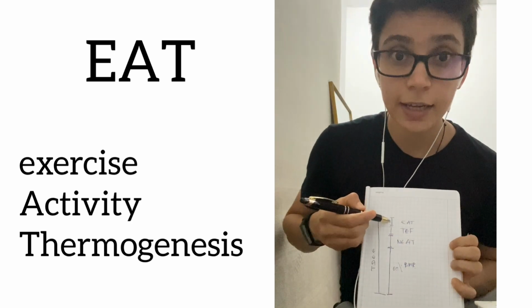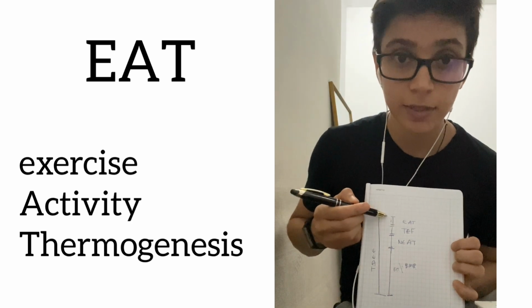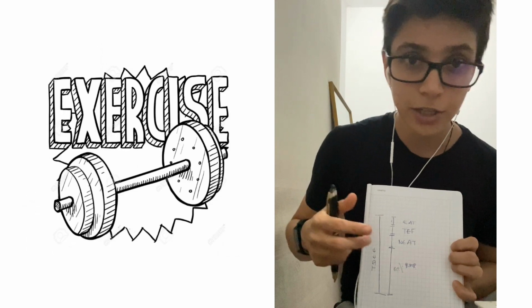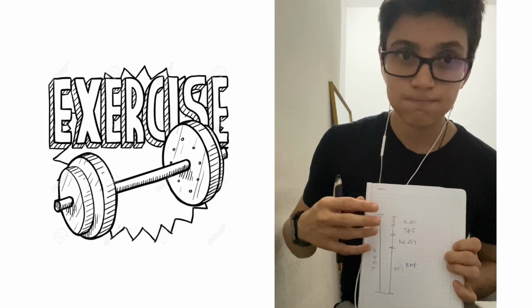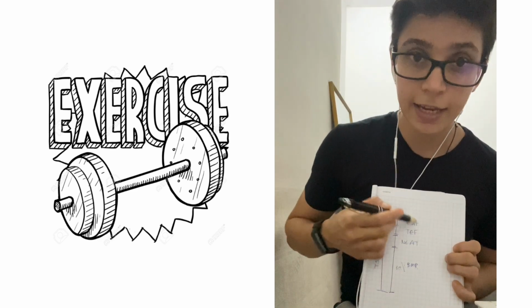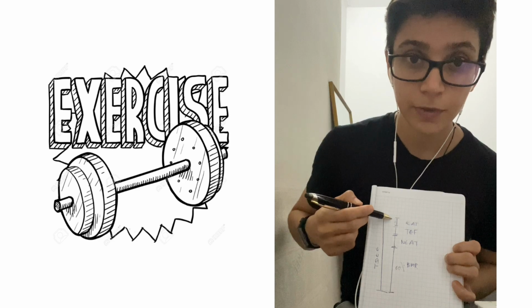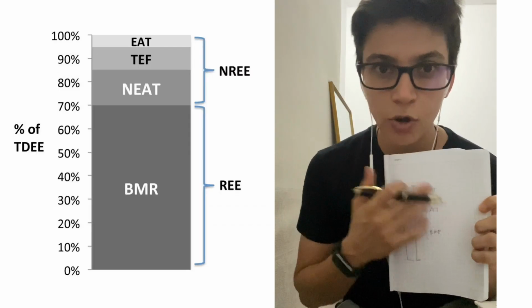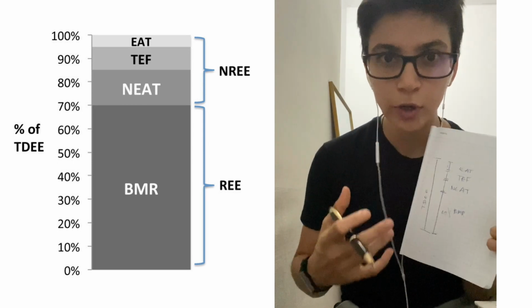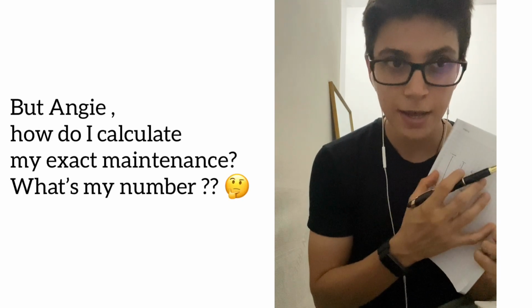This bit is your exercise, your gym sessions, whether you do bodybuilding, CrossFit, swimming, cardio, running, jumping up and down a million times, doesn't matter. Any exercise activity falls into this bit. So that is basically what comprises your TDEE or your maintenance calories, the amount of calories your body needs within the day.